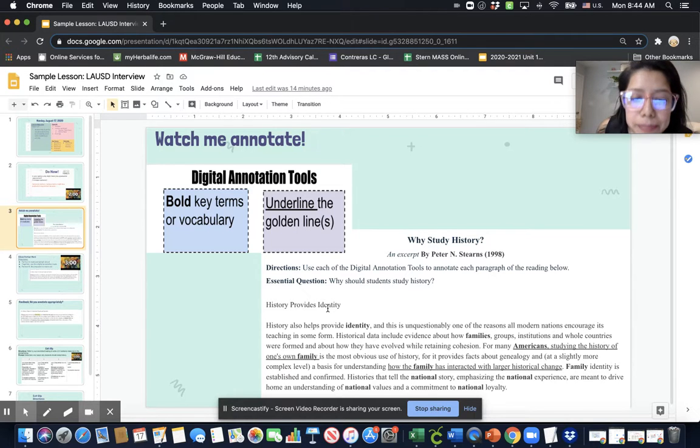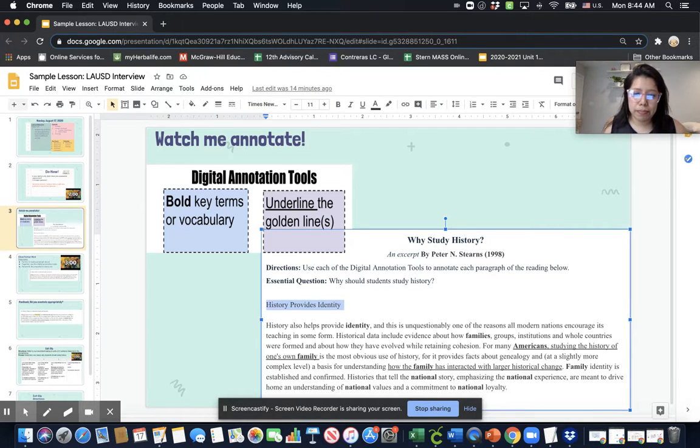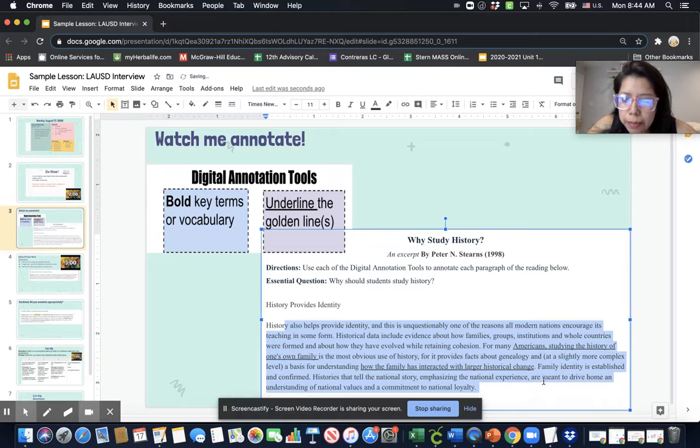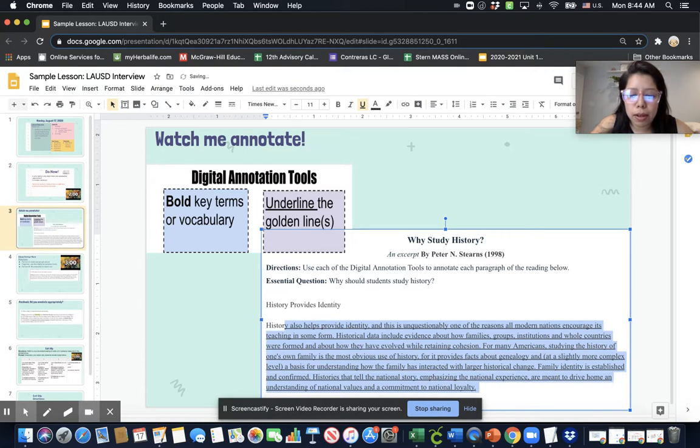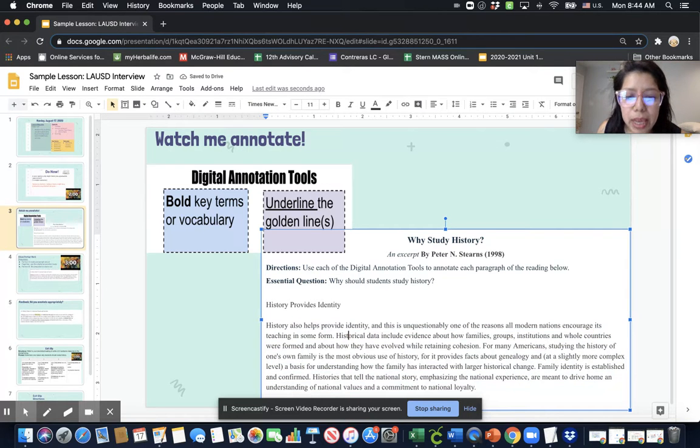Paragraph number 1, history provides identity. History also provides identity. And this is unquestionably one of the reasons all modern nations encourage its teaching in some form. Historical data include evidence about how families, groups, institutions, and whole countries were formed, and about how they have evolved while retaining cohesion.